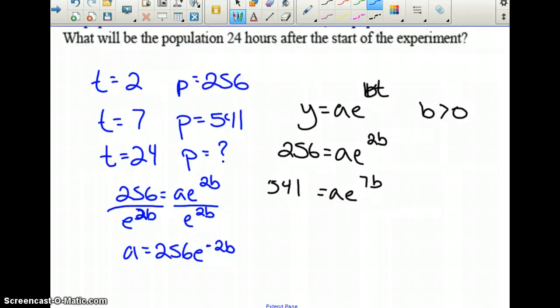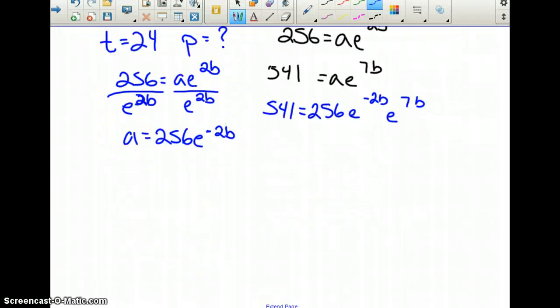So that is 541 equals 256 e to the negative 2b e to the 7b. Now, anytime we multiply together two things with the same base and different exponents, we can add the exponents. So that's going to be 541 equals 256 e to the 5b.